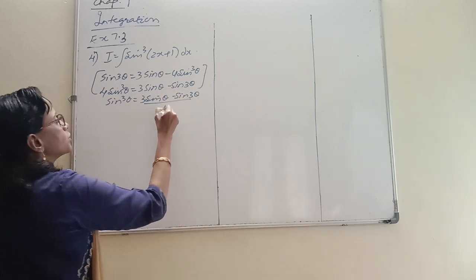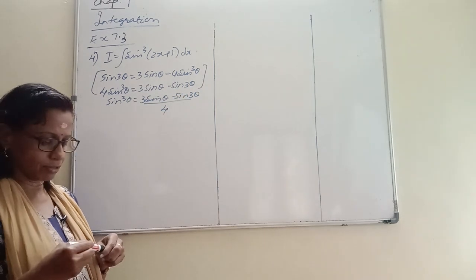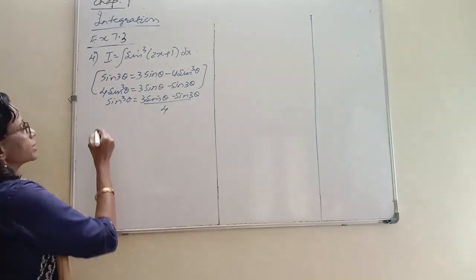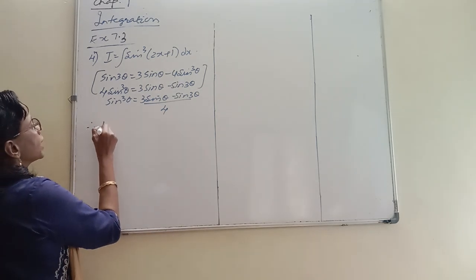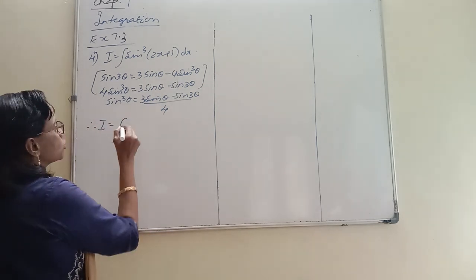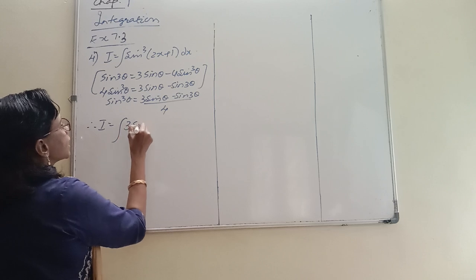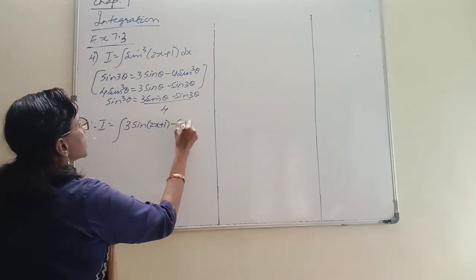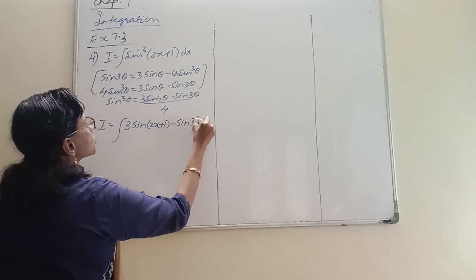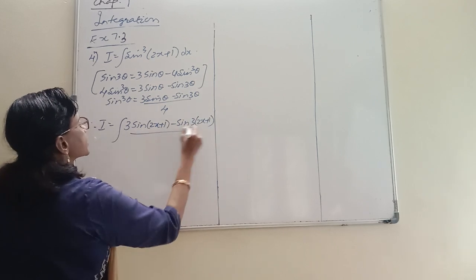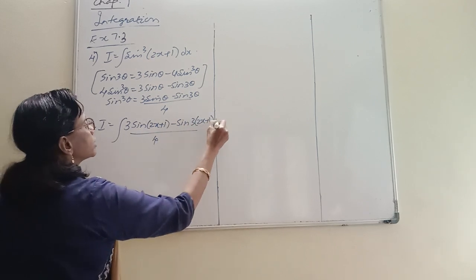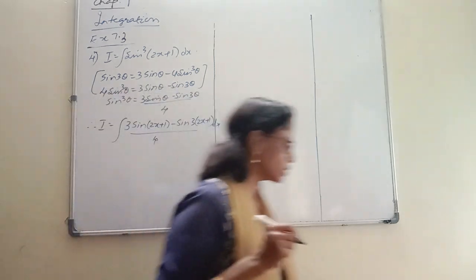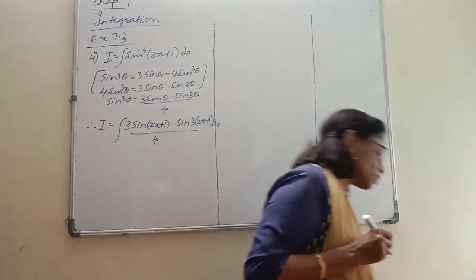So the entire sine cube we are going to convert into this form. Our I now becomes the integral of (3 sine(2x plus 1) minus sine 3 times (2x plus 1)) over 4, dx. I'll just check if it is 2x plus 1 or not. Yes, it's 2x plus 1.